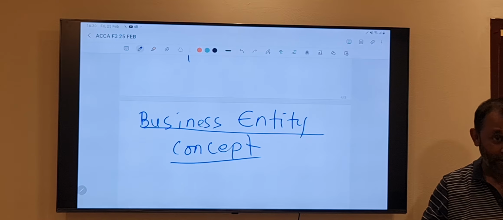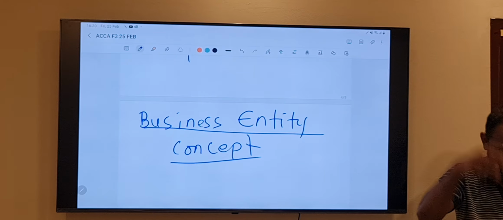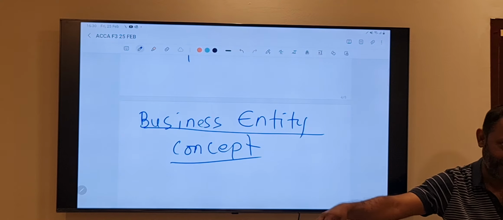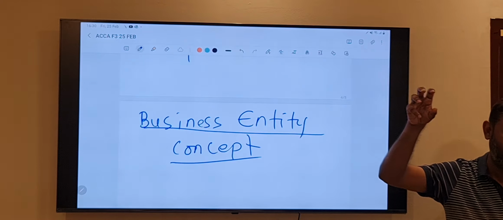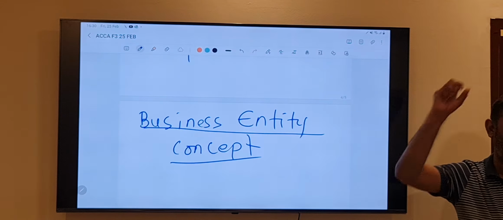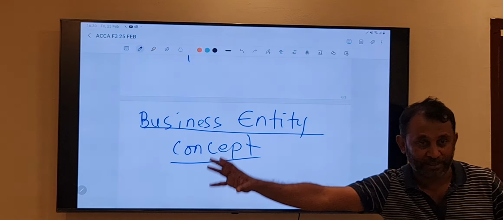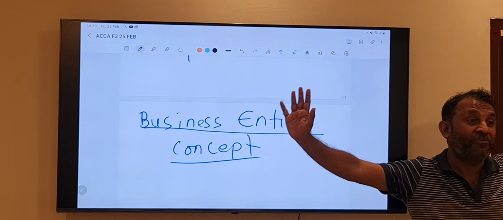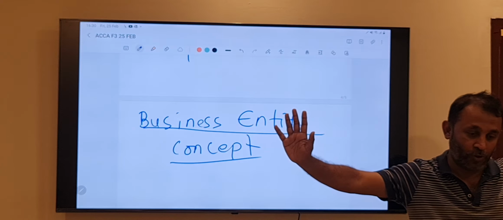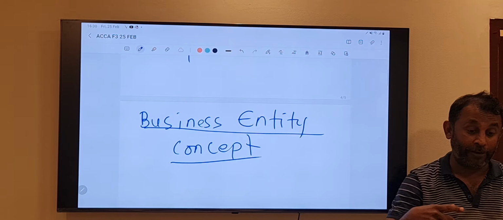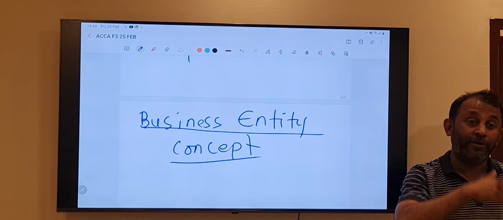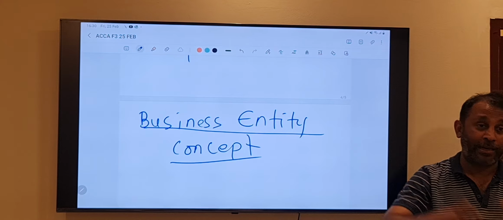But like a person, a business is a business entity, a business personality. We call one a natural personality and the other an artificial personality. So they are two different entities. So when we develop our accounting, we try to say that all the accounting transactions.